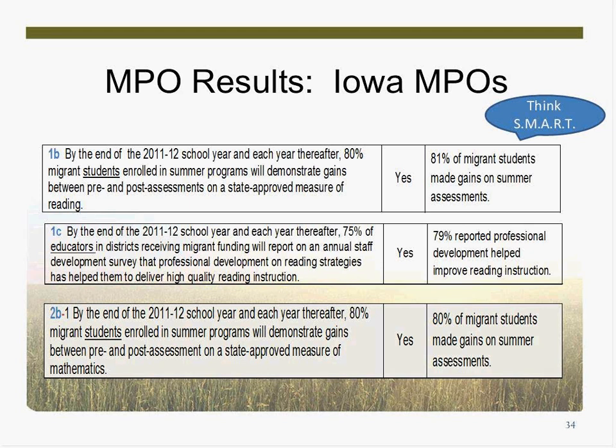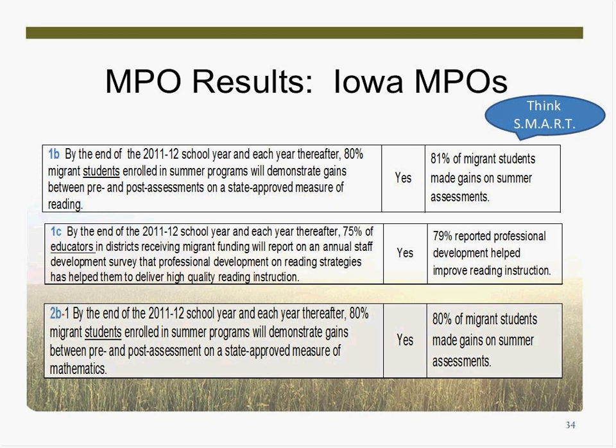So these you can see are very specific. The objectives were, for example, the first one, 80% of the students enrolled will demonstrate gains between a pre and a post assessment, and then 81% made the gains. Some states have put in specific gains they want to see, and they might have specific assessments.